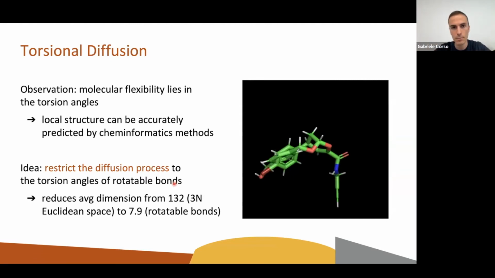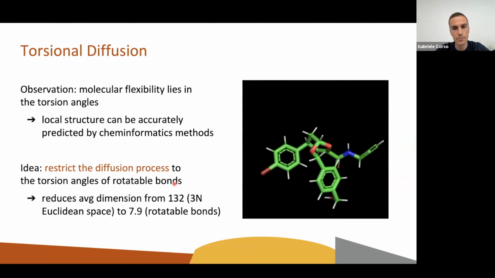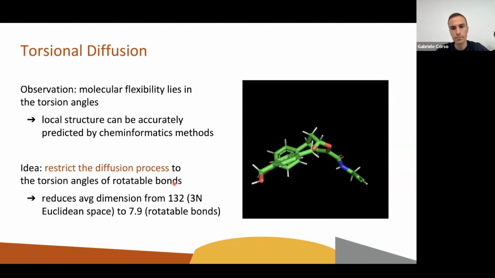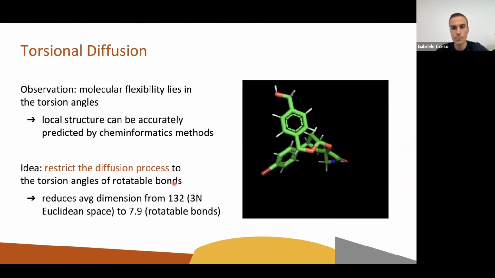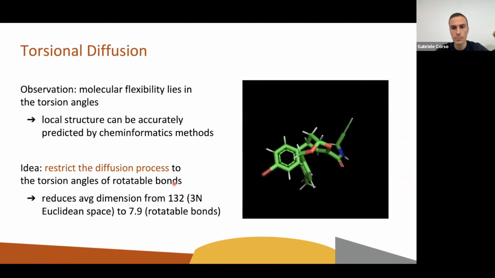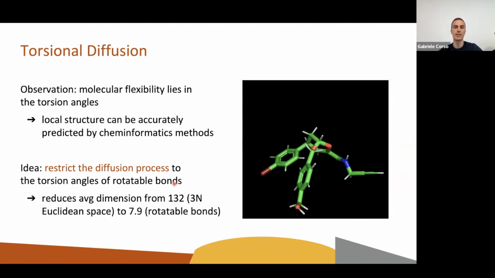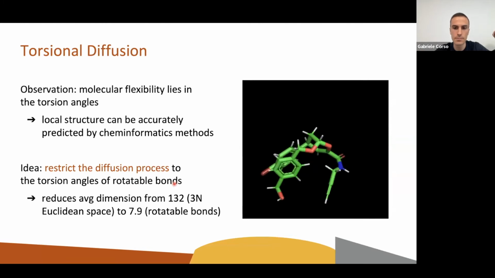Okay, so the average RDKit conformer RMSD is 1.5, and the average RMSD for the RDKit conformer with corrected torsion angles is 0.3. Yeah, more or less. So 5 times lower RMSD.